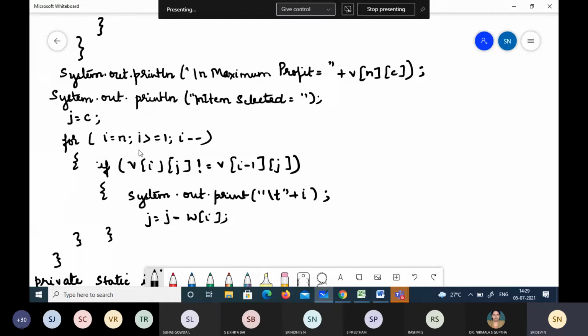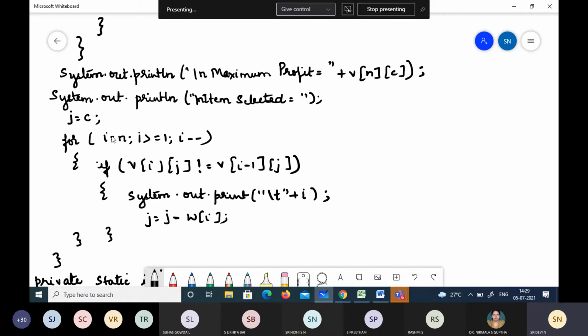We compare the last cell with the last but one cell. If they are not equal, then it means that particular object i is selected, and its weight we subtract from the total weight of the knapsack, right? And again i is decremented, and here j, as we know, is also decremented.